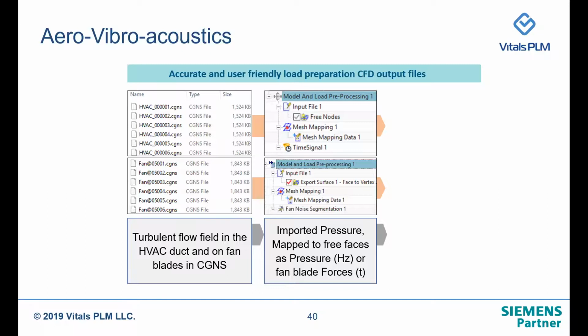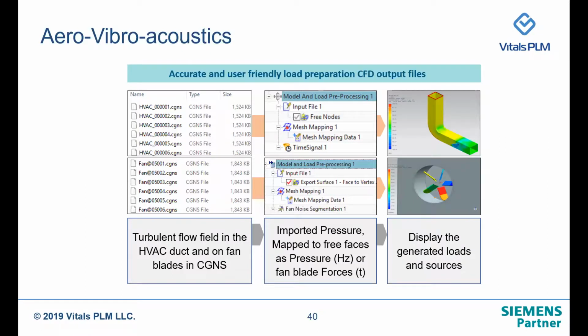The output of the CFD calculation is typically the pressure field in the time domain. Once you import it and go through the pre-processing, you can convert the time-domain pressure into pressure in the frequency domain, and the surface pressures on the fan blades can be converted into fan blade forces in the time domain, and they can be visualized in SimCenter 3D.